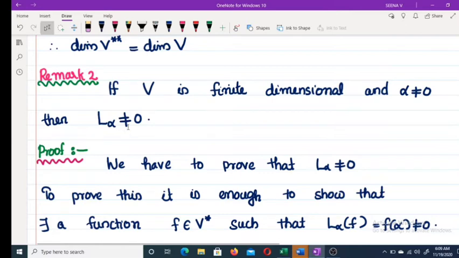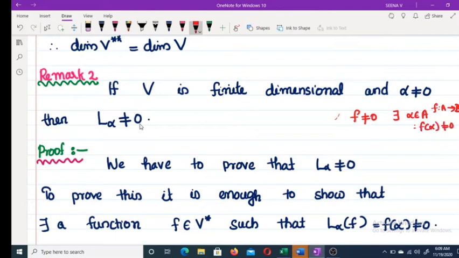To prove a function f from A to B is not equal to 0, we have to prove there exists alpha belongs to A such that f of alpha not equal to 0. Similarly, here L alpha is a function from V star to F. To prove L alpha not equal to 0, we have to prove there exists a linear functional f such that L alpha of f not equal to 0.